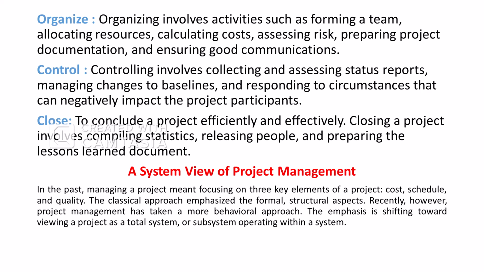Controlling involves collecting and assessing status reports, managing changes to the baseline, and responding to circumstances that can negatively impact the project participants. And finally, a project must be closed. So the final function of project management is close. To conclude a project efficiently and effectively, closing a project involves compiling statistics, releasing people, and preparing the lessons learned document.